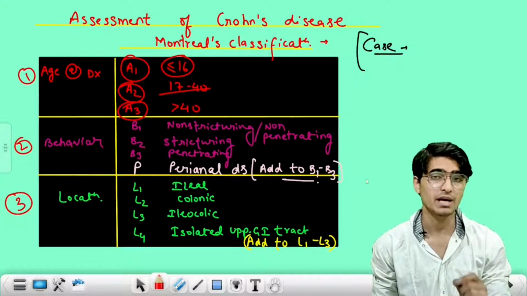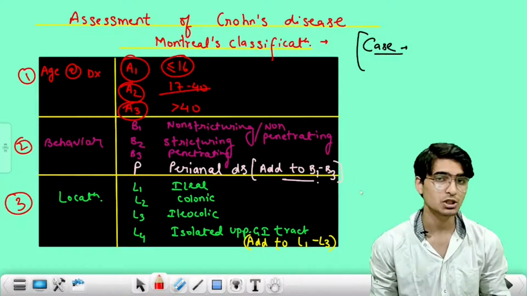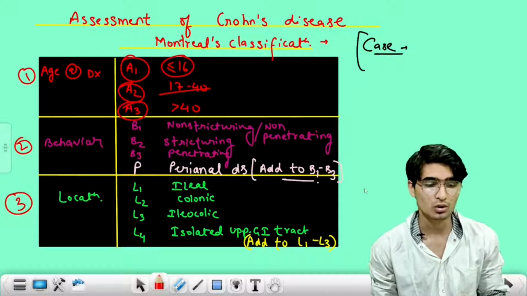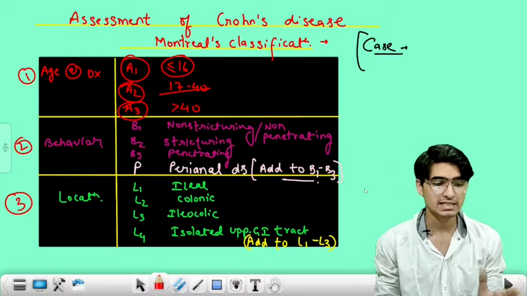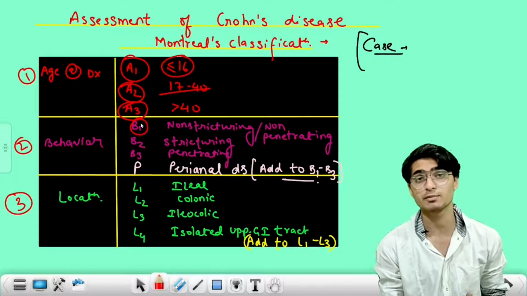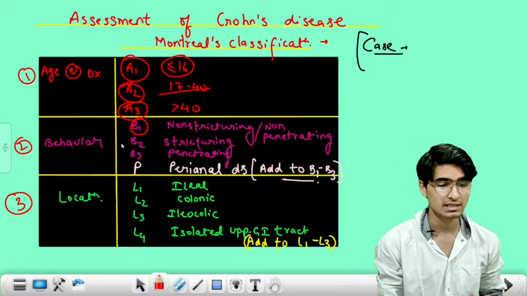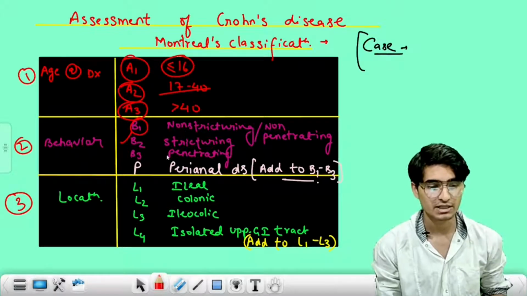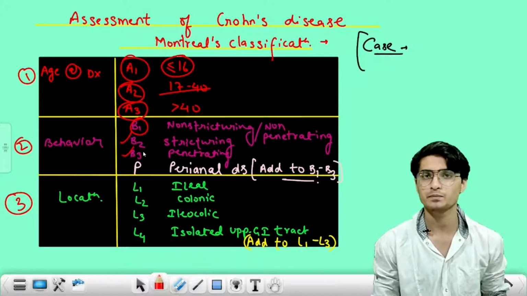The second thing is the behavior of lesions. When the patient does not have any stricture or penetration, that is categorized as B1, if the patient has strictures, name it B2, and if there is penetration, name it B3.